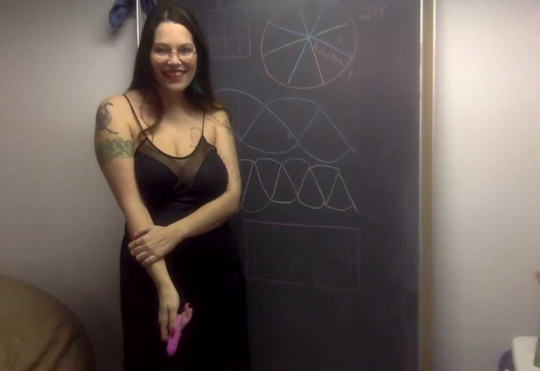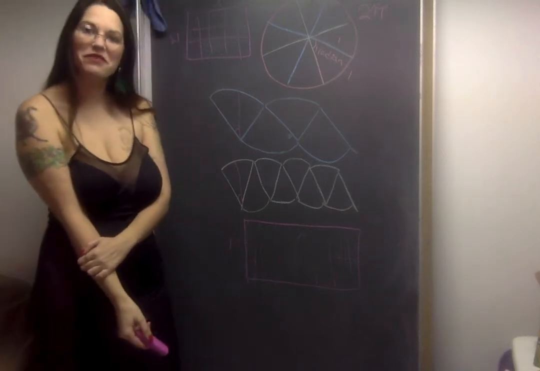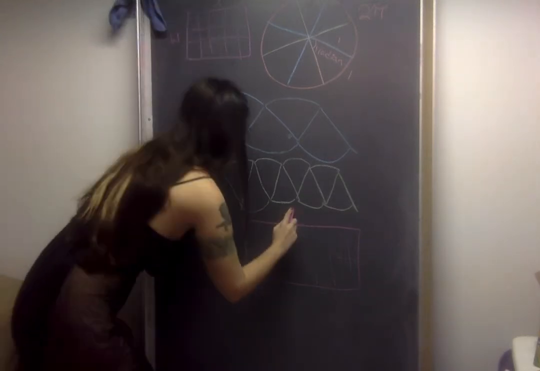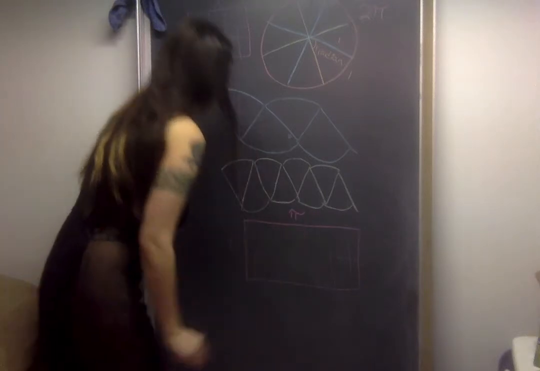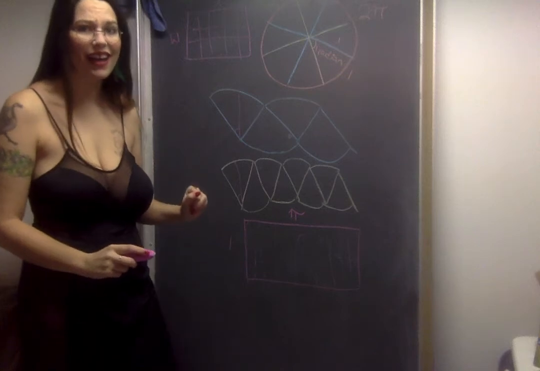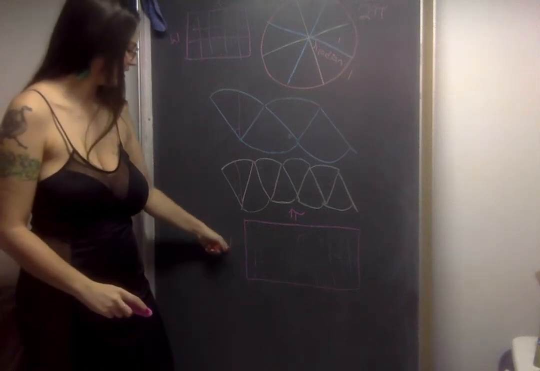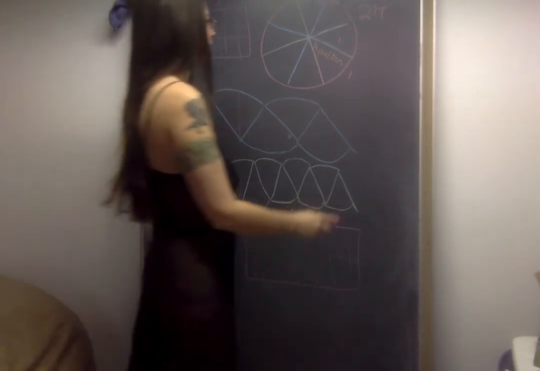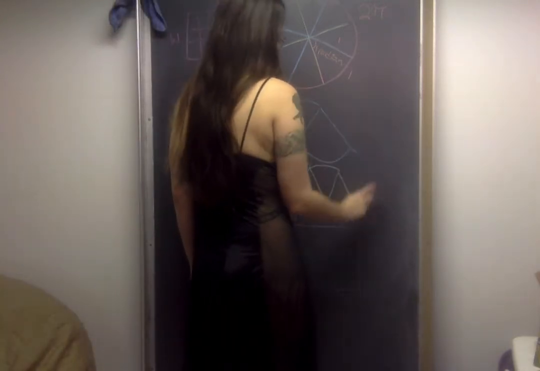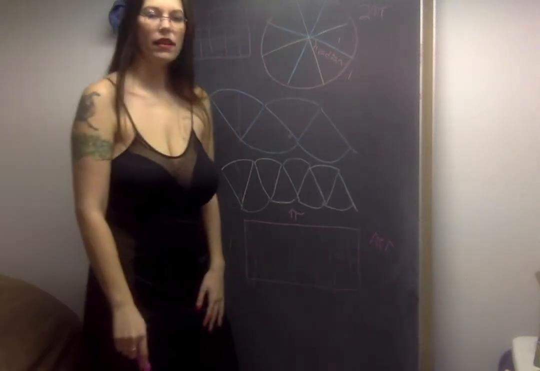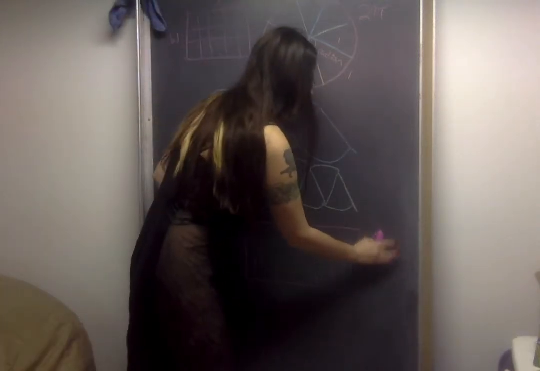So if we put all those together, we're going to get half of the circumference of the circle. We're going to get pi. Alright, so this rectangle is really easy. It's just pi times the radius. Interesting. Pi times 1, the radius.